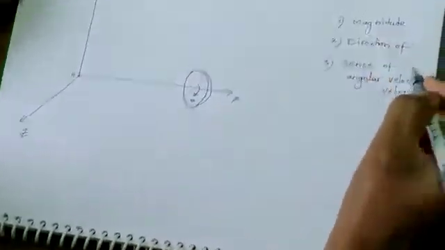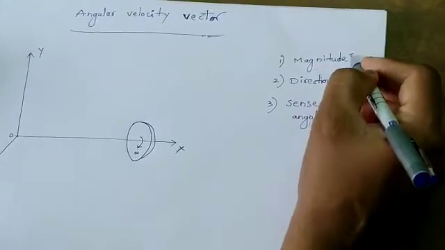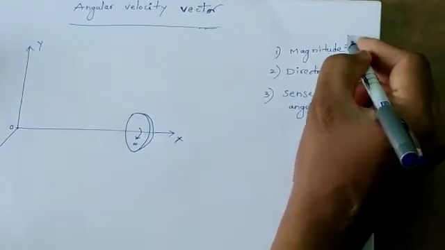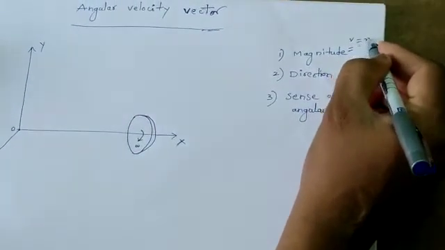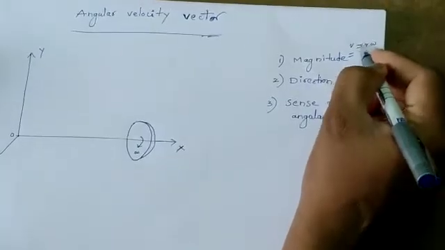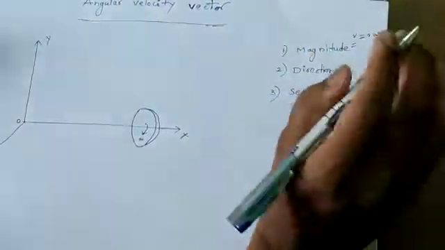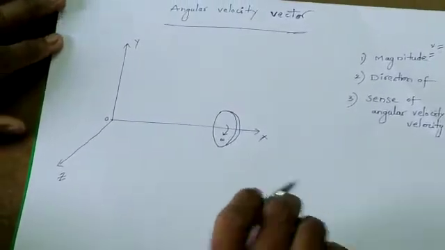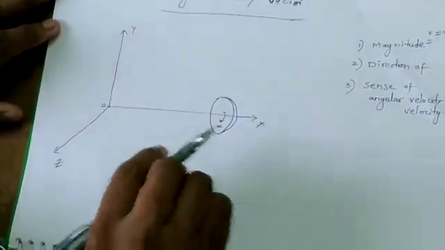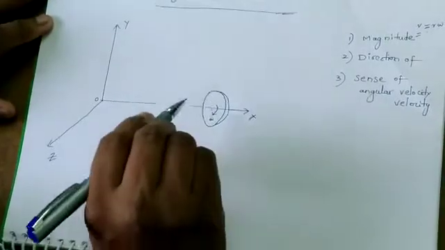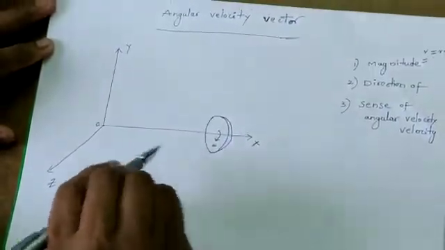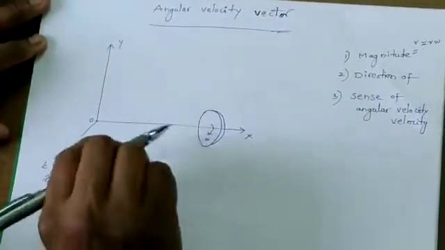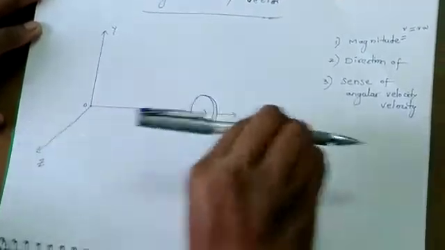Now let us see what is the magnitude of a vector. Magnitude of a vector is nothing but v is equal to r into omega. So this is something like a numerical calculation, so we can find out the magnitude. Now what about the direction? The direction is along the x-axis, the axis about which the rotor is rotating clockwise.